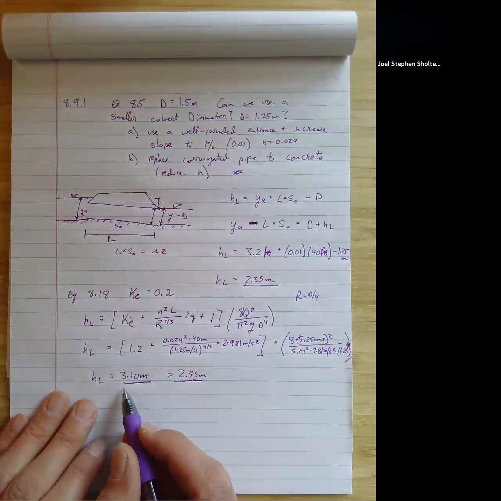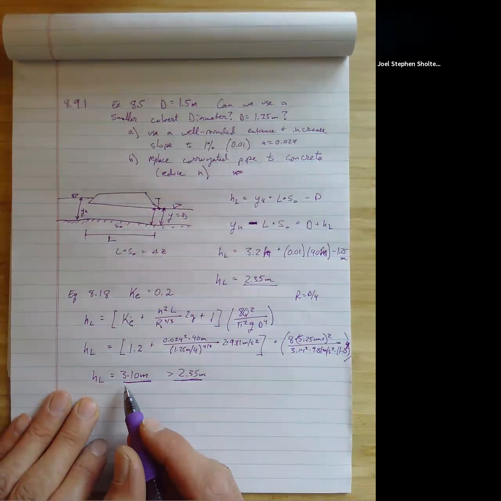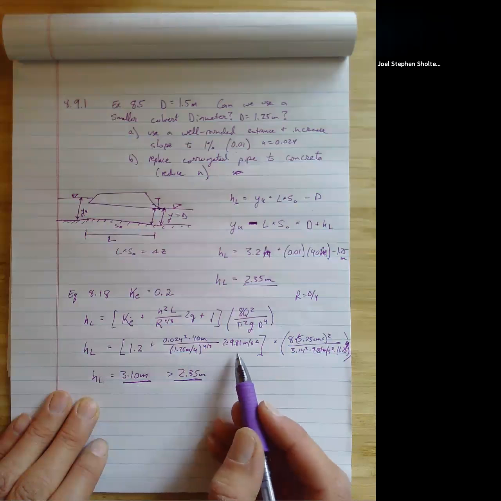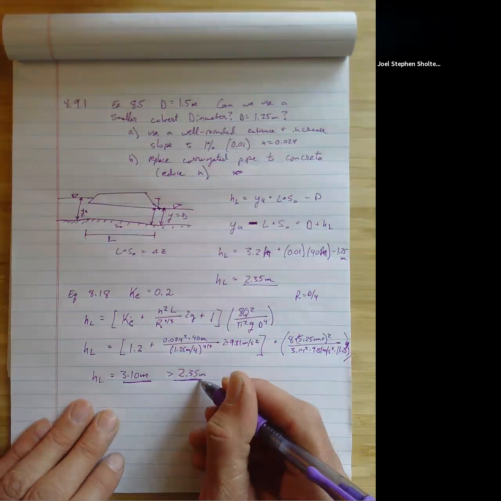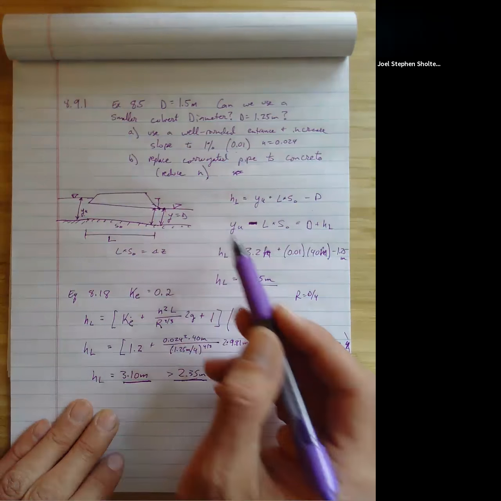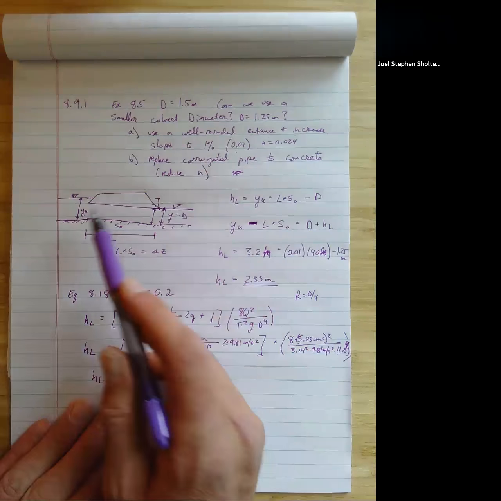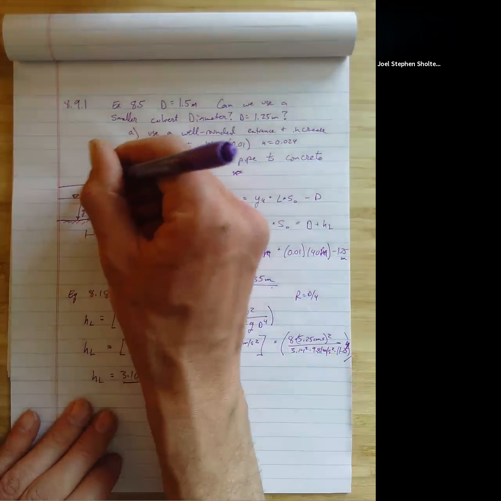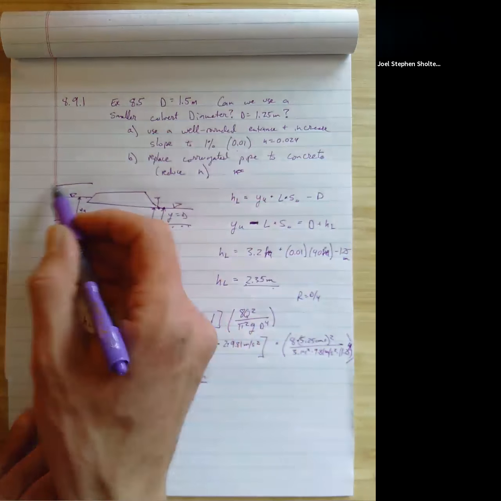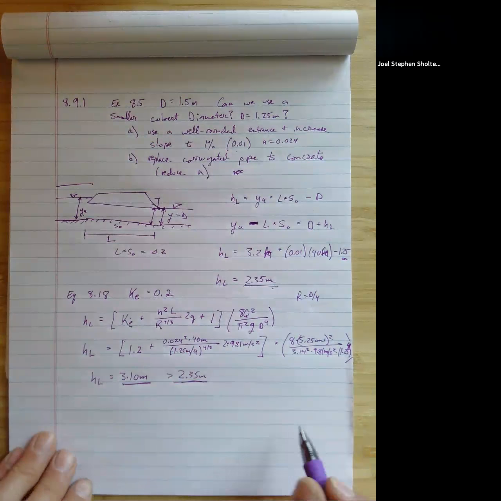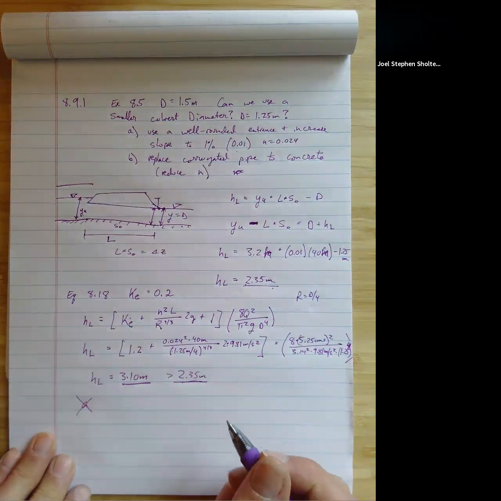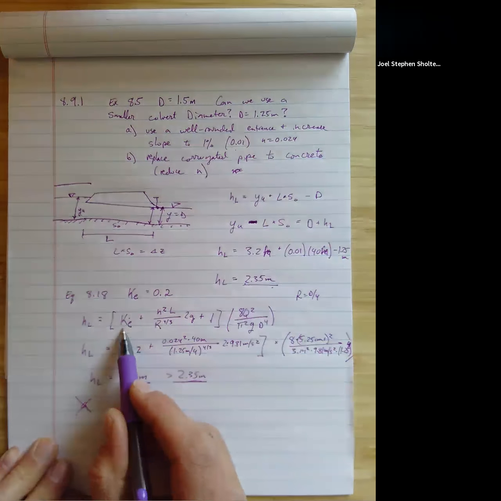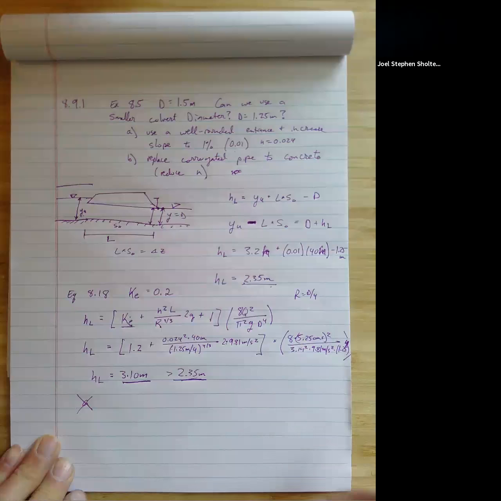So what we're saying is the actual head loss in this pipe is 3.1 meters, given all these things that we calculated here. Whereas the total tolerable head loss, just doing the basic energy equation between these 2 points, could be 2.35 meters. Otherwise, you'll get a higher backwater under this situation. So for A, it's not going to work. This 1.25 meter diameter is not going to work by just changing this coefficient and increasing the slope.